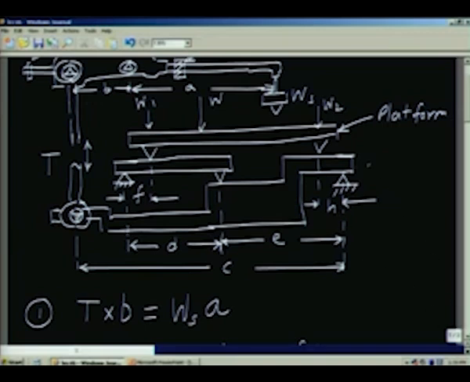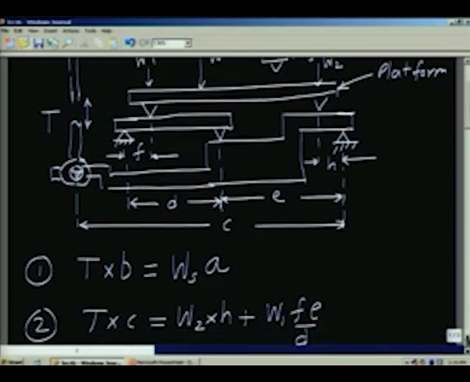The balance is usually indicated by a needle here, whose position is going to indicate whether it is balanced or not. So T into B equal to Ws into A. Ws is the weight, which is now going to be the known weight. We know what this Ws is.